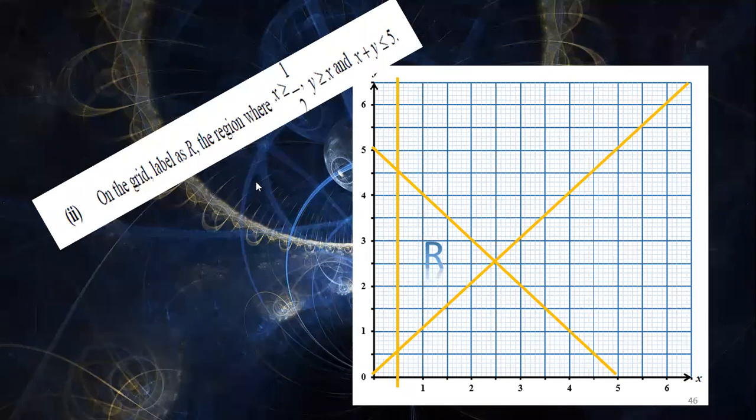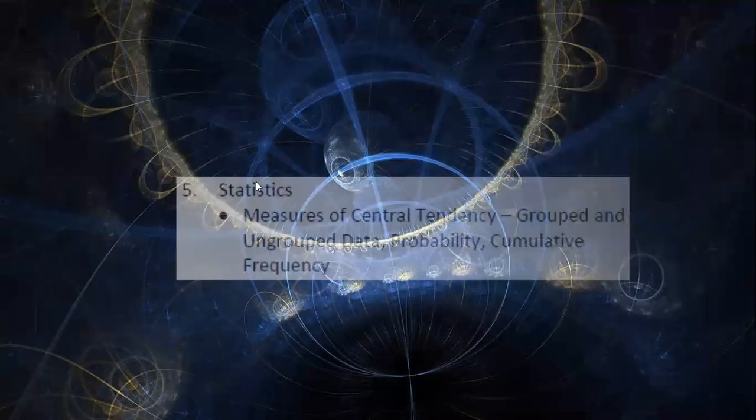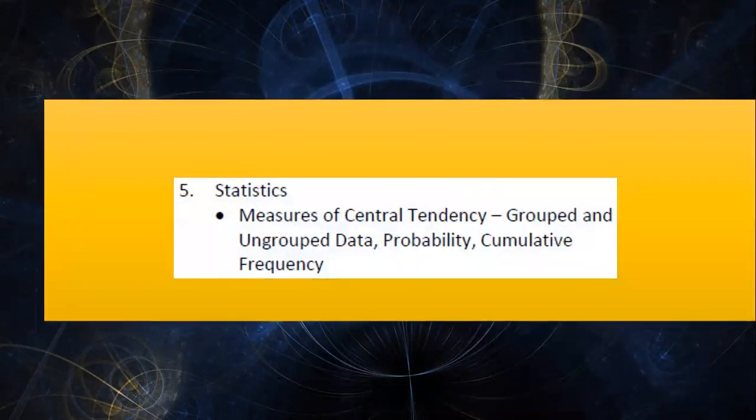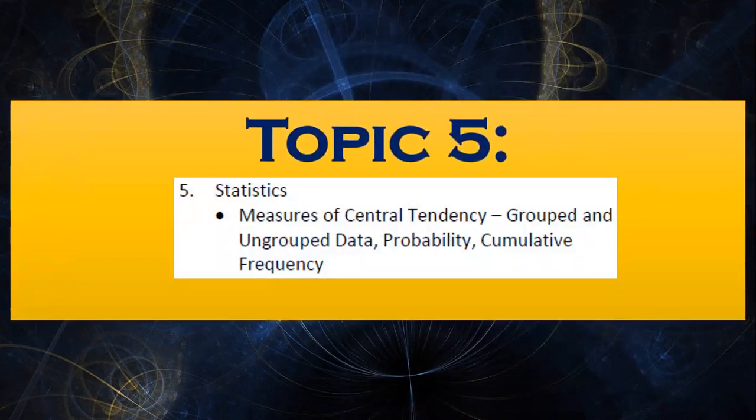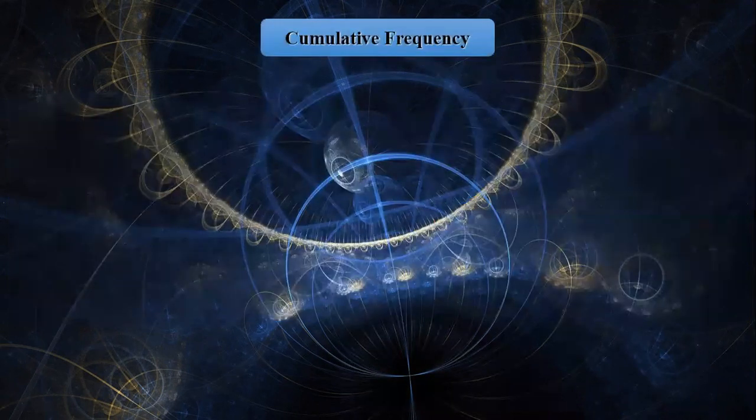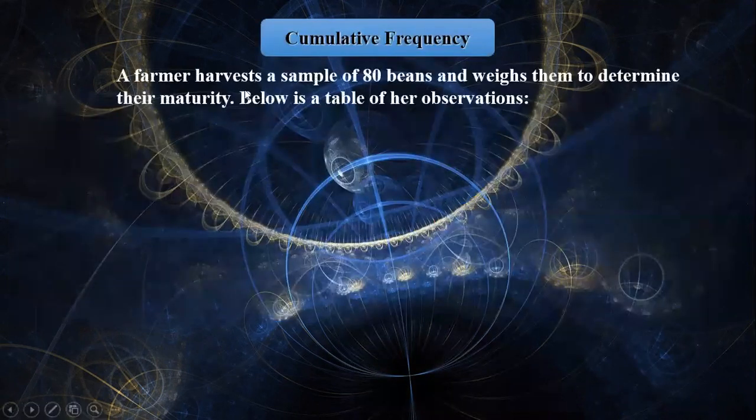Next, let's press on to topic 5, measures of central tendency, grouped and ungrouped data, probability, cumulative frequency, etc. Statistics. So let's look at this question. A farmer harvests a sample of 80 beans and weighs them to determine their maturity.